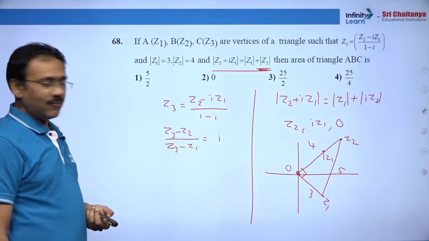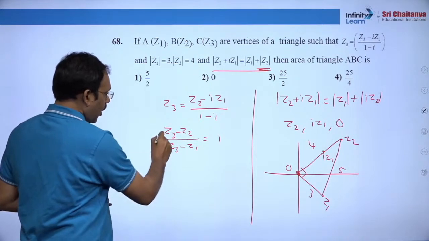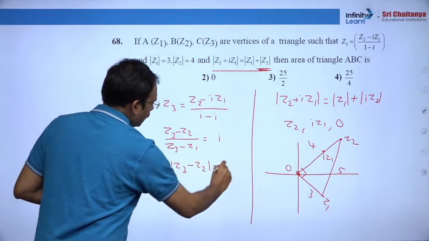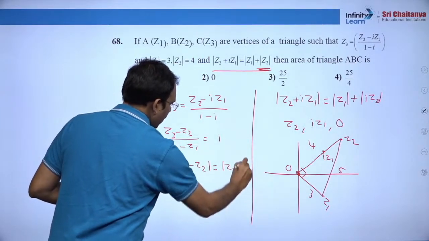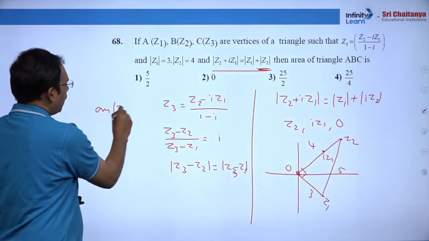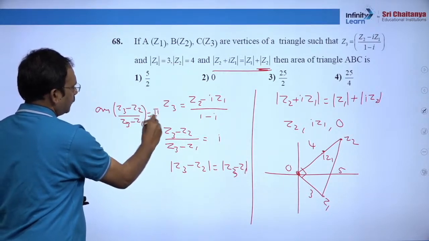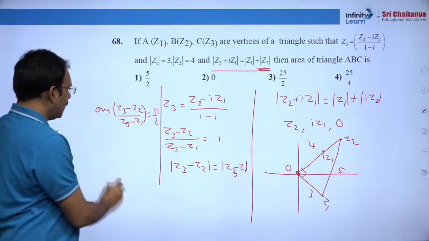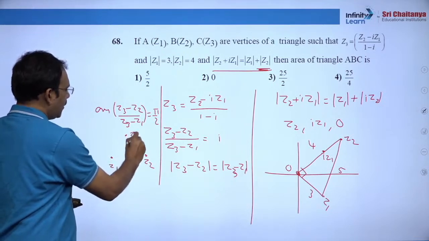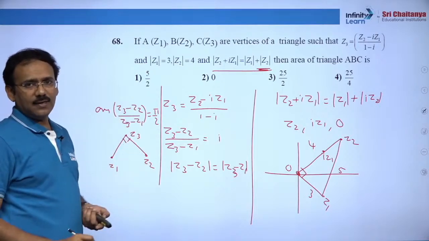So from this, two points: modulus of this is equal to 1, meaning mod z3 minus z2 is equal to mod z3 minus z1, that is point number 1. Here the argument of (z3 minus z2) by (z3 minus z1) is going to be pi by 2. What does it mean? That means if it is z2 here, z1 here, z3 will be here, such that this angle is 90 degrees. So they form a right angle triangle.